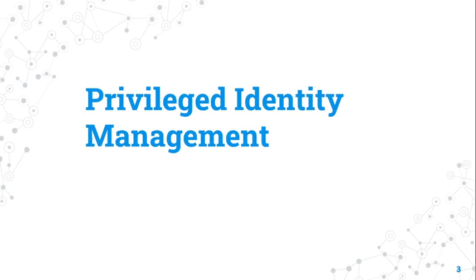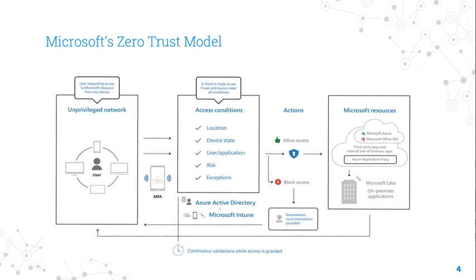Privilege Identity Management. Microsoft Zero Trust Models. Gone are the days when security focused on a strong perimeter defense to keep malicious hackers out. Anything outside the perimeter was treated as hostile, whereas inside the wall, an organization's systems were trusted.